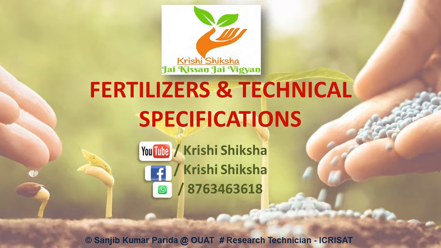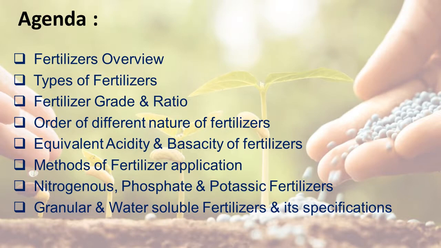Let me talk about the agenda of today's class. The agenda for today's class is the fertilizer overview, that means what you know about the fertilizers. Next is the types of fertilizers, that is, how fertilizers are categorized into different types of classification. And we will know about the fertilizer grade and ratio, that is the gradation of the fertilizer and what will be the ratio for the fertilizers.